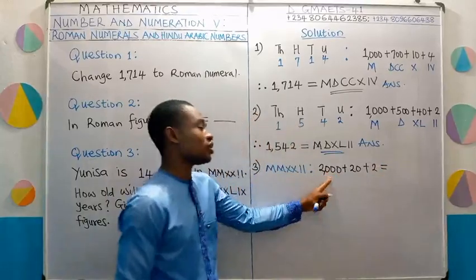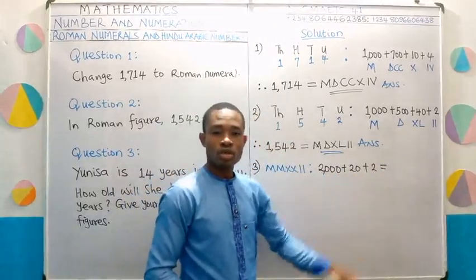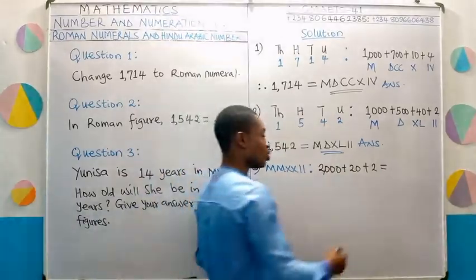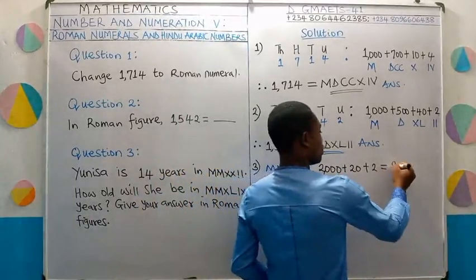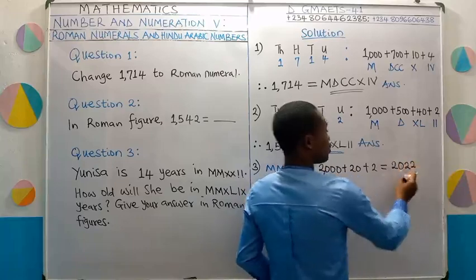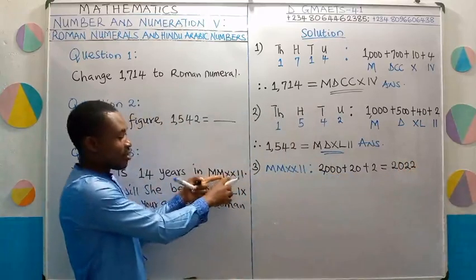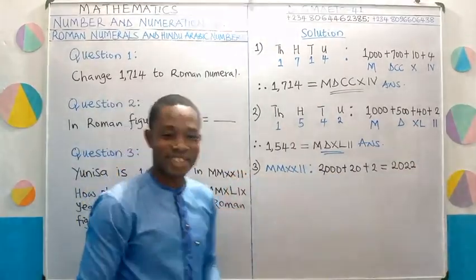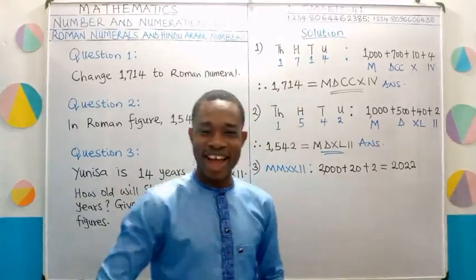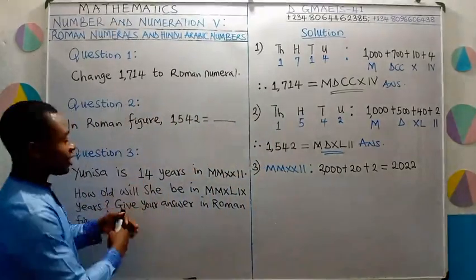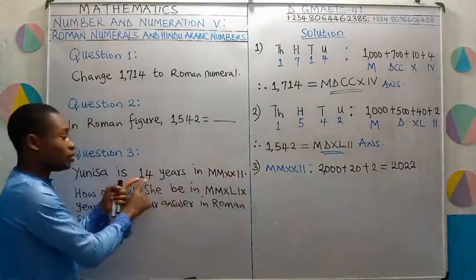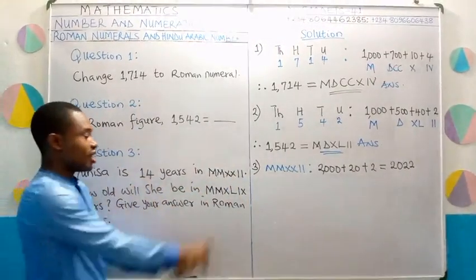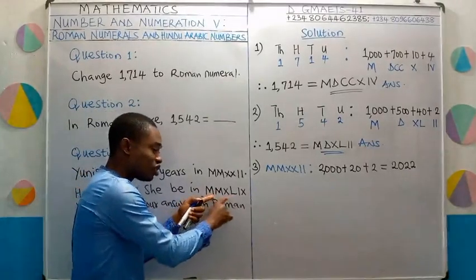If you add 2000 to 20 to 2, you get 2022. So this is 2022. It means that this year, MMXXII, is actually the year 2022, which is the year we are in. So this question is just like, in 2022, Unisa is 14 years. Now, what would be her age in this year?